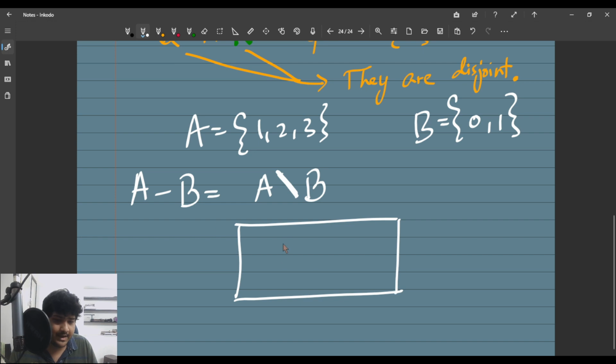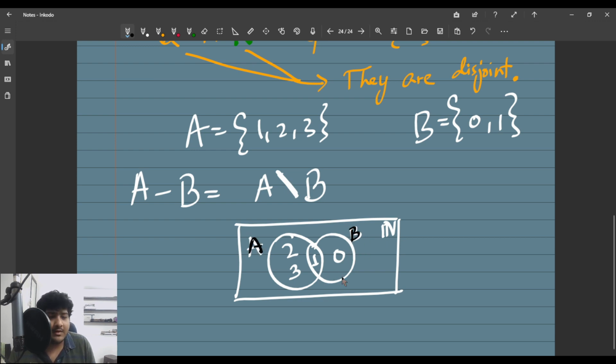So we saw that A could have been represented as a circle in the previous lecture. So there are sets, you represent them as circles, and you represent the universal set, maybe it's the set of natural numbers, universal set as the rectangle, and B will contain the elements 0 and 1, A will contain 1, 2 and 3, 1 will be in the common area. So all these are the benefits of just constructing them as a circle.